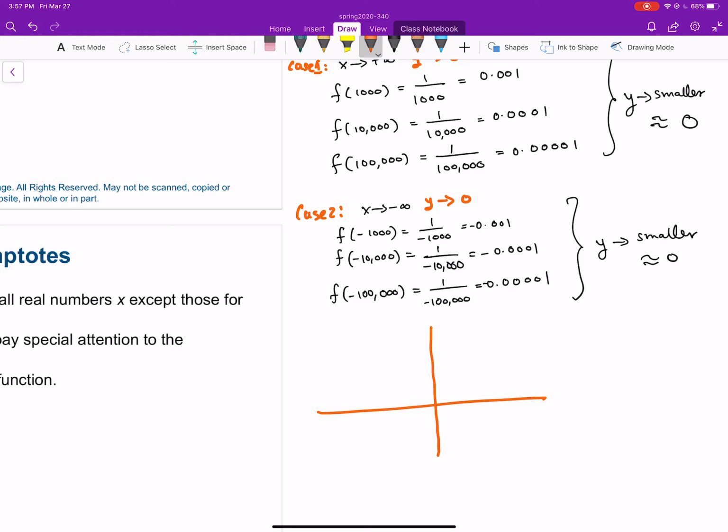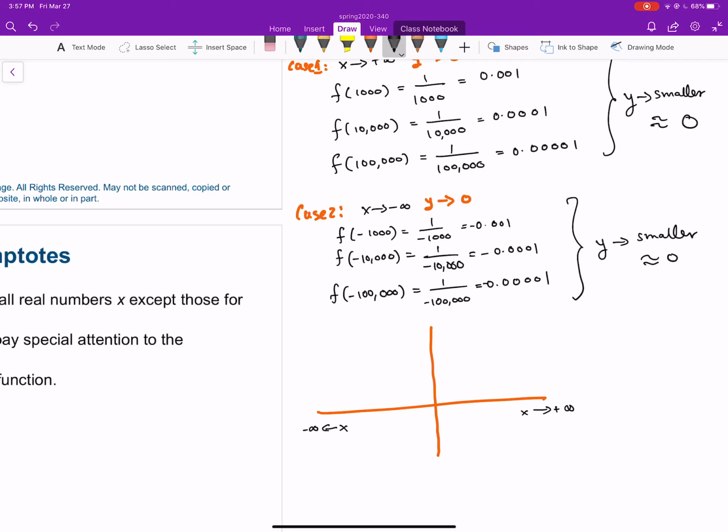What we're trying to say is that as x approaches positive infinity and as x approaches negative infinity, it looks like in both cases we are approaching the y value 0.